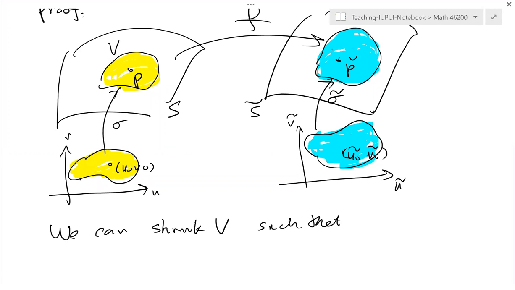To make it simpler, that's a V tilde such that F(V) is contained in V tilde.